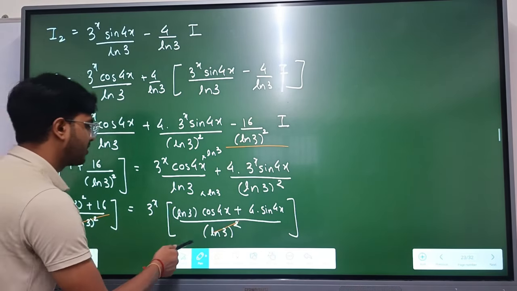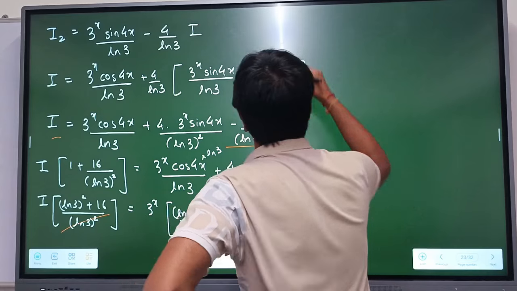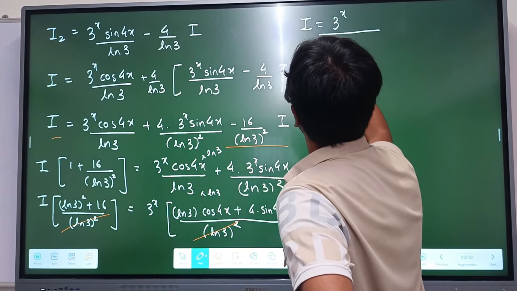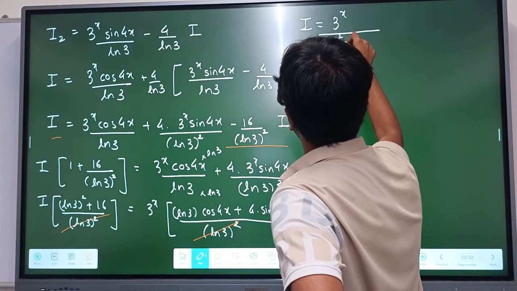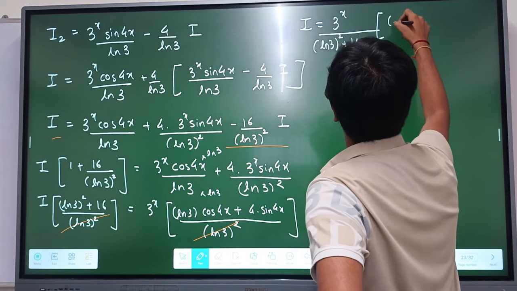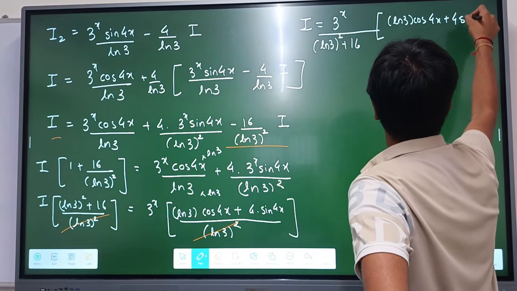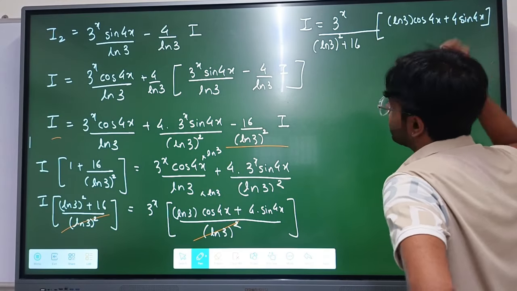So ln 3 whole square cancel, this part comes down. So I is 3 power x divided by ln 3 whole square plus 16 multiply by ln 3 into cos 4x plus 4 into sin 4x. This will be our answer.